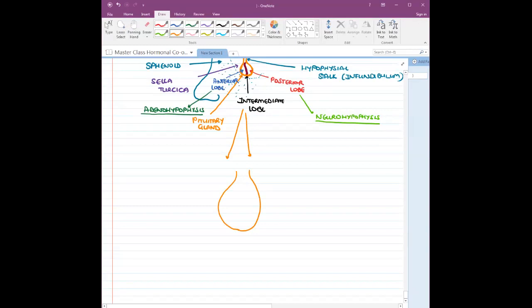Something of this sort. And let me just show you the intermediate lobe. Okay, so the intermediate lobe is somewhere out over here, just a narrow cleft. Okay, something of this sort.